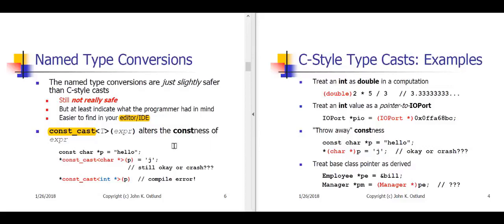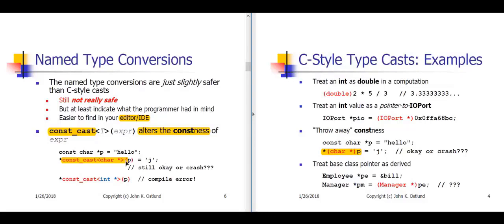Const cast, shown here on slide 6, is only able to alter the constness of an expression. That is, it can add constness to an expression that is not const, or much more commonly, it can take away constness from an expression that is const. So using const cast here on P accomplishes the same thing that we did over here on slide 4 using an ordinary C-style cast.